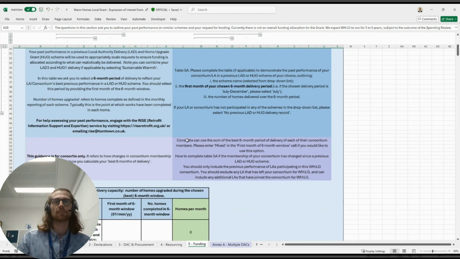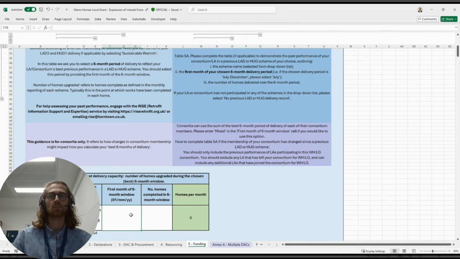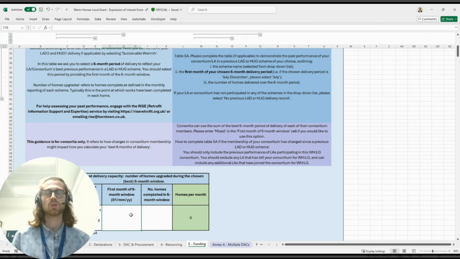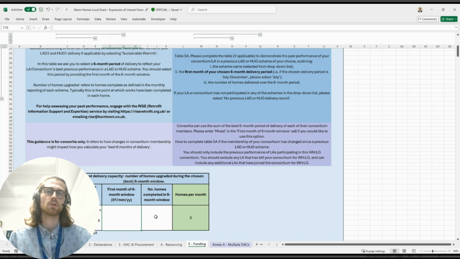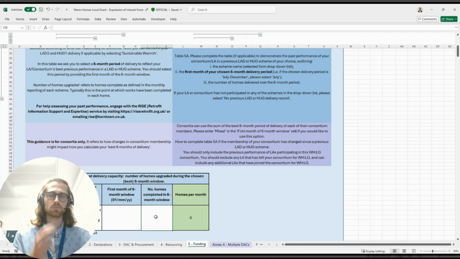The first is a table asking for the previous delivery capacity of the EOI, of the local authority or group of local authorities. And this is looking for the first month of the 6-month window, and then the number of homes that were completed in that 6-month window.